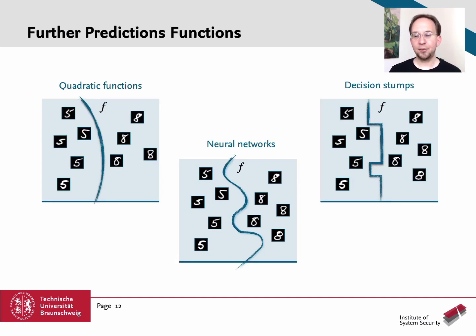Of course, as I said, this is just a simple example. Even in 2D, you can have different variation of this prediction function. It can be quadratic. It can be a neural network with some bumpy structure. It can also be something like decision stumps. This is the basis of random forests and decision trees. So then the function is a little bit more edgy. But overall, a lot of machine learning is about learning a function to classify data.